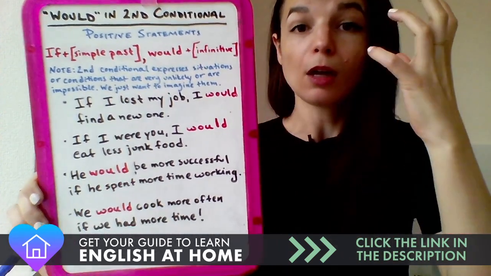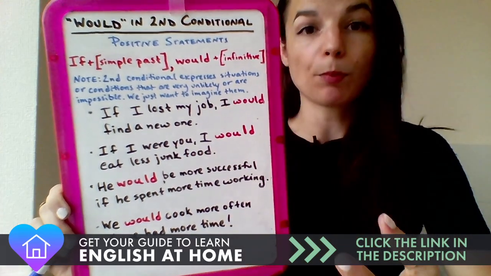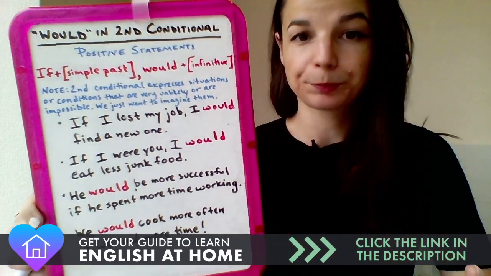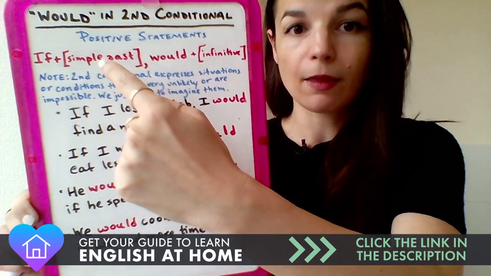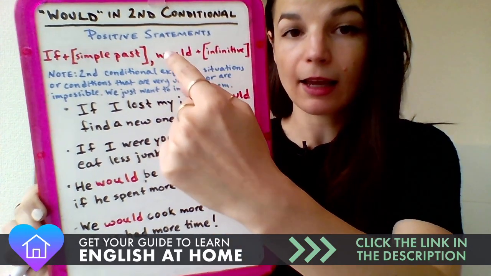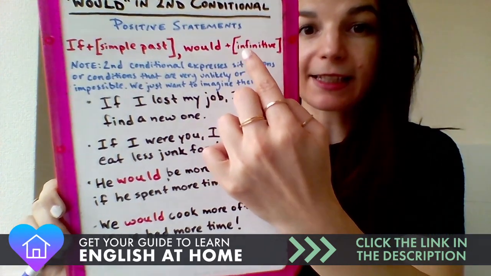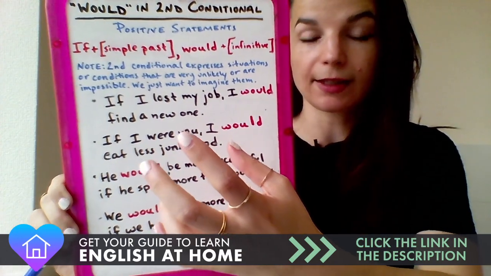So we're going to see this pattern in each part of today's lesson. That is this if plus simple past tense part in one part of the sentence, and would plus the infinitive in the other part of the sentence.